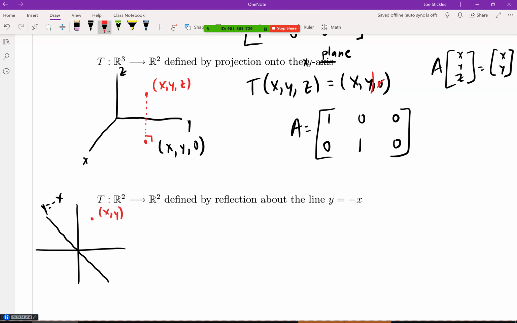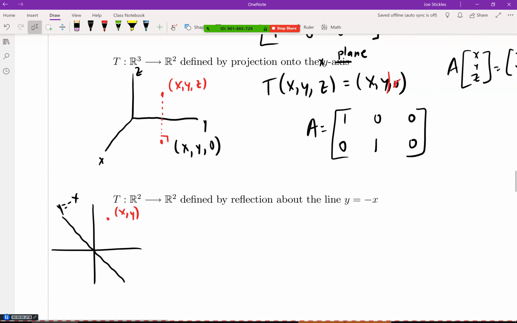If I'm going to do a reflection across the line, I have to go perpendicular here and then go down the same distance here. If you go through the geometry, this has to be the point negative y, negative x.